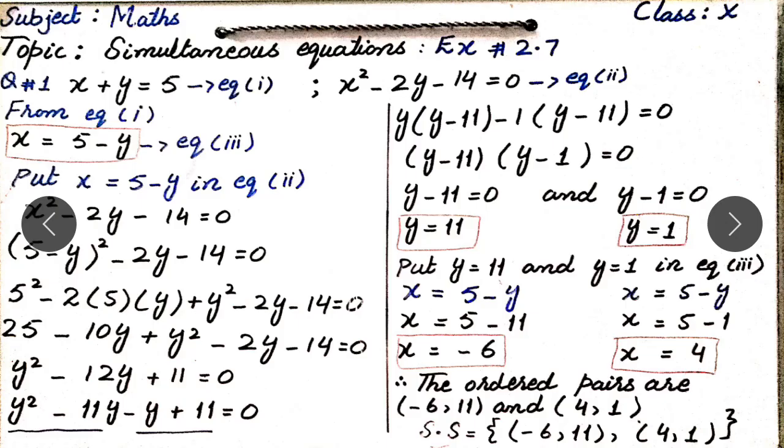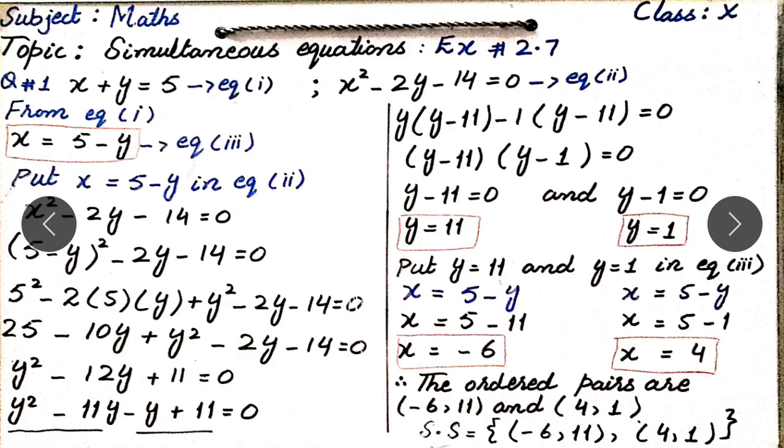Here we have exercise 2.7. In exercise 2.7, the questions are not only lengthy, but they also need rational thinking, because you will come across different types of equations. So you have to be very thoughtful about how to proceed in solving those equations.